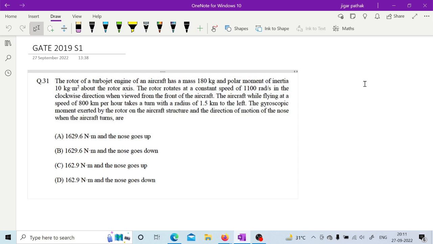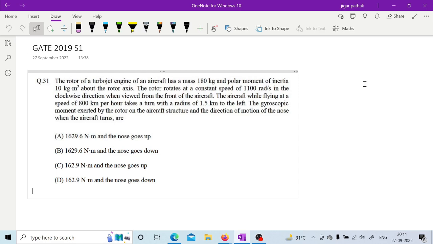The aircraft, while flying at a speed of 800 km per hour, takes a turn with a radius of 1.5 km to the left. Then the gyroscopic moment exerted by the rotor on the aircraft structure and the direction of motion of the nose when the aircraft turns right.